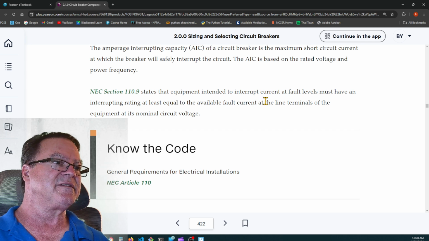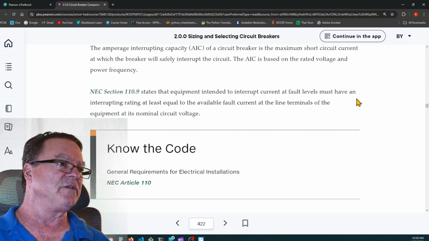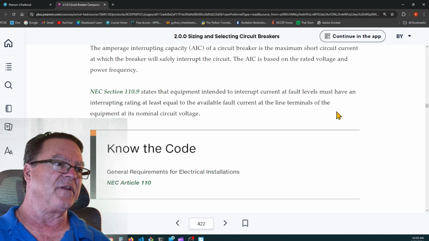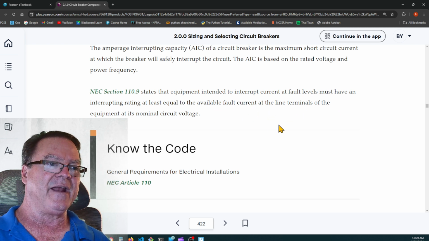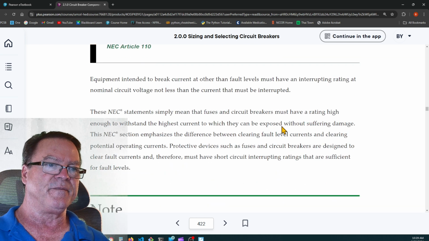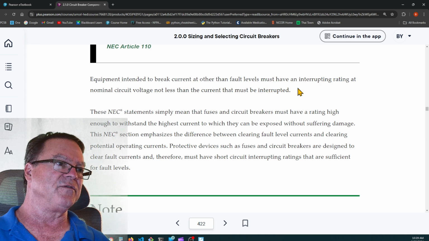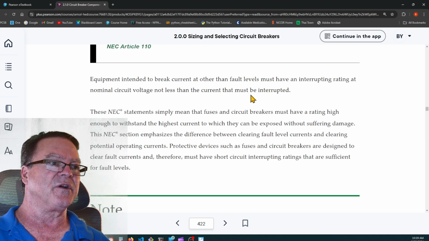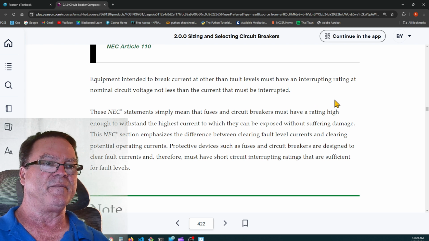110.9 states that equipment intended to interrupt current at fault levels must have an interrupting rating at least equal to the available fault current at the line terminals of the equipment and its nominal circuit voltage. So equipment intended to break current at other than fault levels must have an interrupting rating at nominal circuit voltage not less than the current that must be interrupted.